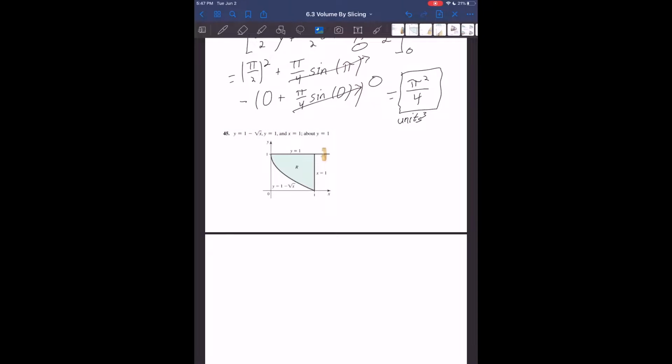Say that we have this region here, the region bounded by those 3 curves, and instead of revolving around the x-axis, we want to instead revolve around the line y equals 1. You can kind of visualize what this will look like, right? We are going to get these circles, and it will look like this. Okay, so this is the volume that we are trying to find.